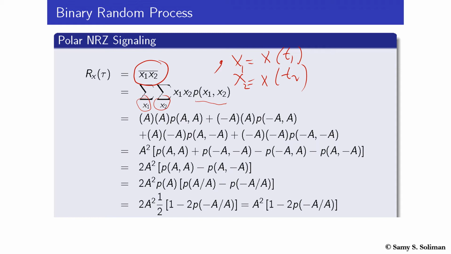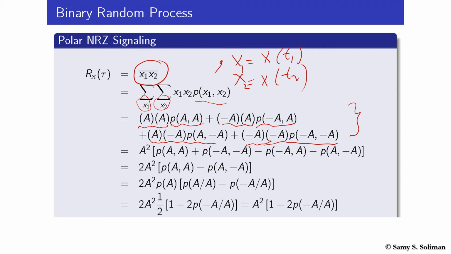These 4 terms are either both x1 and x2 have values positive A, and in this case this term will be multiplied by the joint probability that both the first and the second sample, again which are arbitrarily taken at times t1 and t2, or t and t plus tau, will be A and A, or one of them is negative A and the second A, in which case this product is multiplied by the joint probability of negative A and A, and similarly the second term and the third term, and finally the fourth term, in which these 4 terms take all the 4 possibilities of the combinations of x1 and x2.